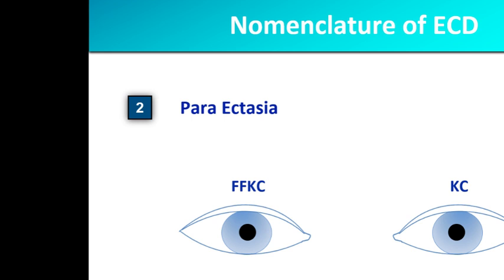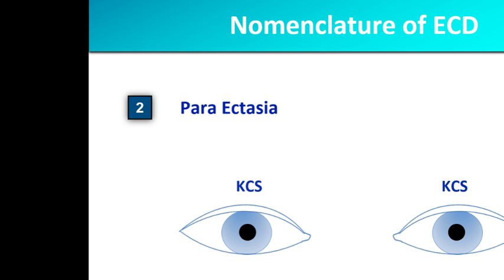And in this eye, in the left eye, we see keratoconus. While in keratoconus suspect, the other eye might be normal, so no keratoconus in the other eye, or might be the same problem in both eyes. So this is called keratoconus suspect. Form frost keratoconus only if the other eye has keratoconus. Okay, this is called para-ectasia.